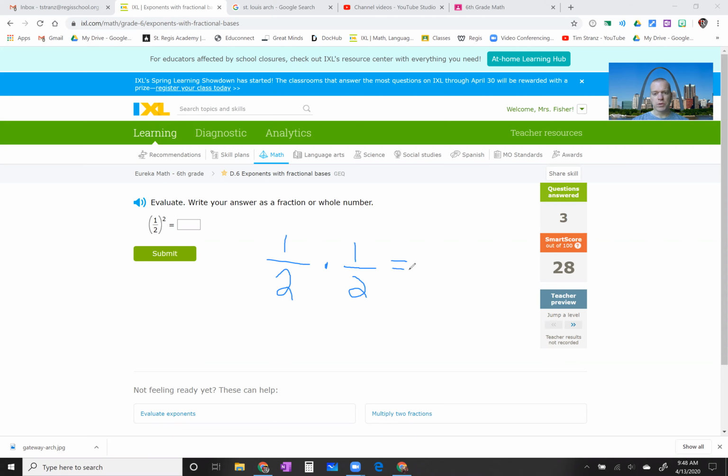When multiplying fractions, remember you just multiply straight across. 1 times 1 is 1, 2 times 2 is 4, so our answer is going to be 1/4.